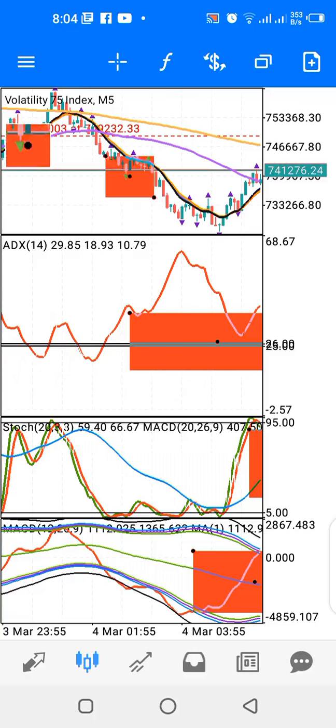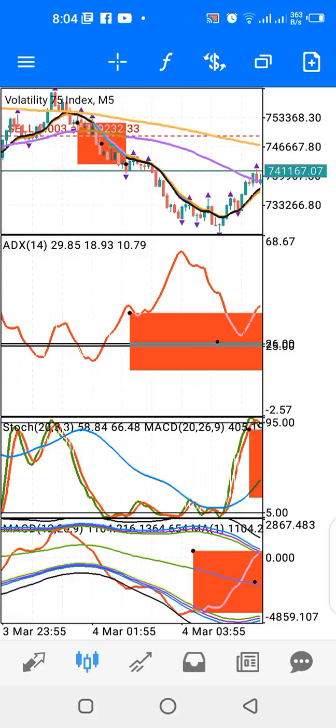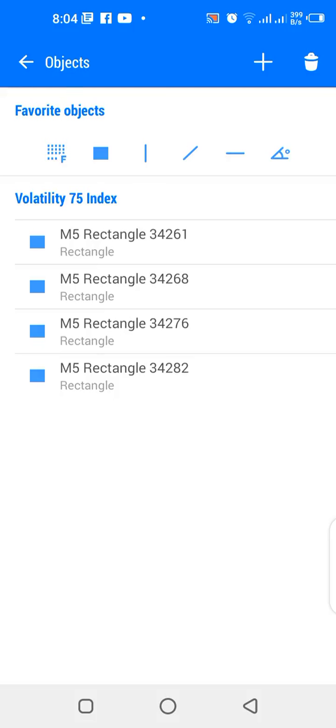I'm talking about this particular point where you have price crossing down below all moving averages. And the trend is being determined with the 200 moving average.